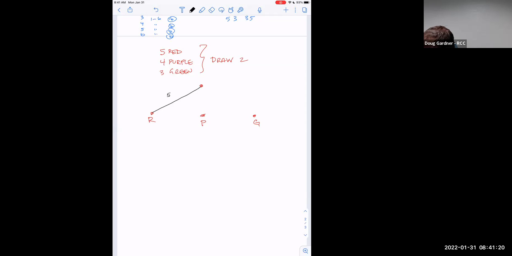So this is 5 out of 12. That's your chances of drawing a red marble. And since purple, there's 4, then that'd be 4 out of 12. Notice I could reduce 4 out of 12 to 1 out of 3. That'd be fine. And then green, there's only 3. So that'd be 3 out of 12.